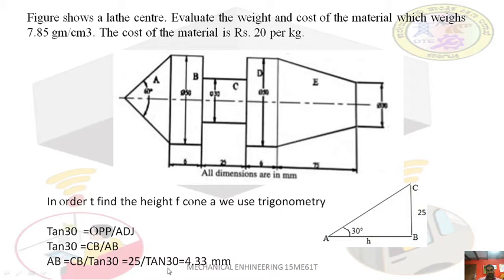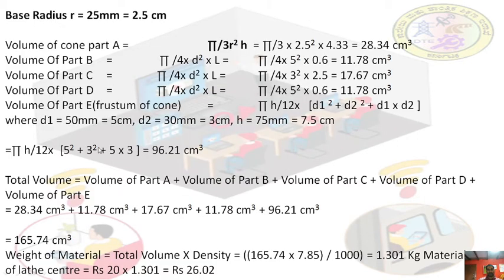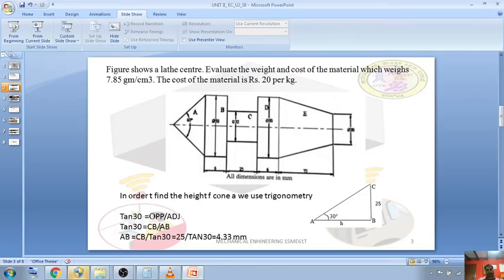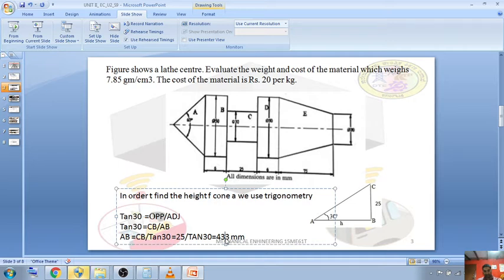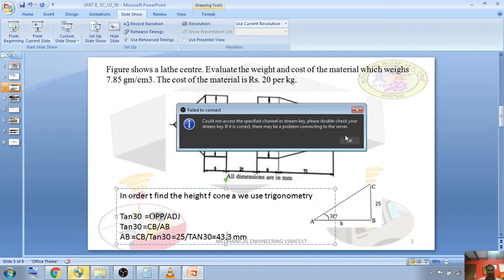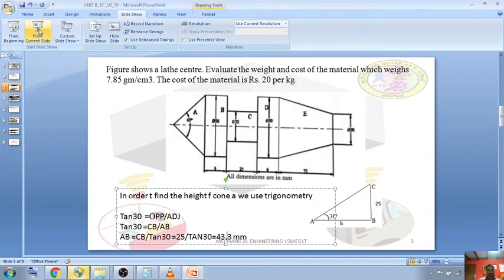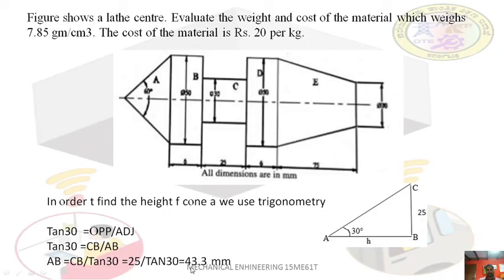So 25 divided by tan 30 gives 43.3 mm. In terms of centimeter that will become 4.33, but here it should be 43.3 millimeter.